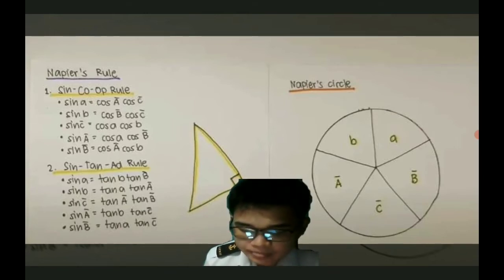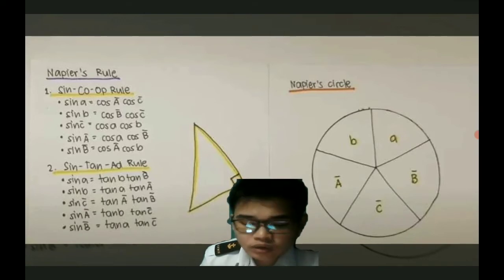Always remember that if we are solving for a right spherical triangle, we use Napier's rule. But if we solve for an oblique spherical triangle, we use the law of sines, the law of cosines for sides, and the law of cosines for angles. These are different formulas from Napier's rule, but later I will show them.